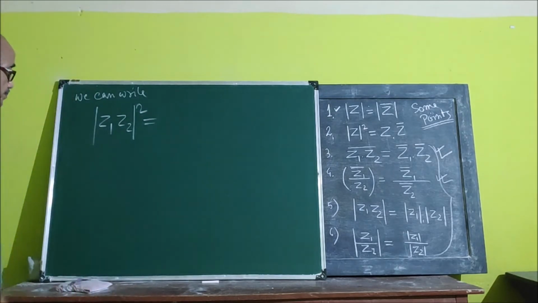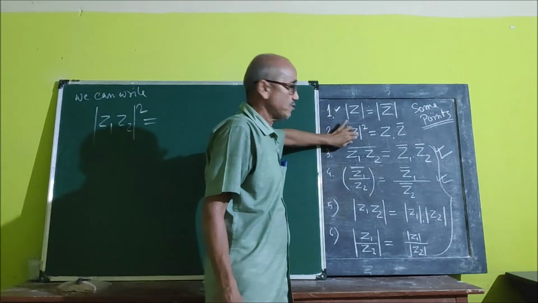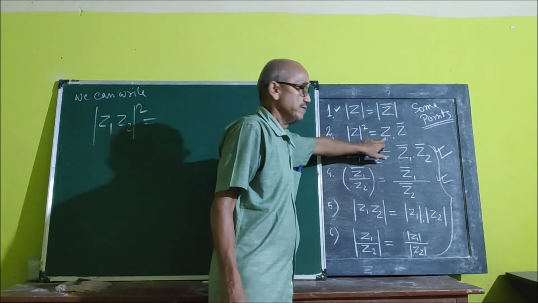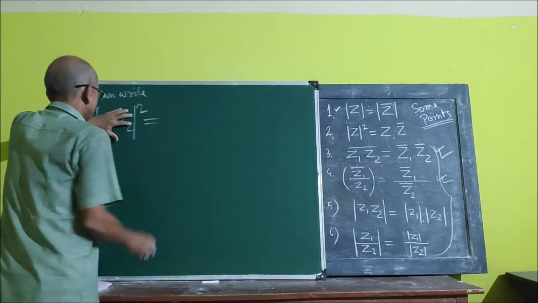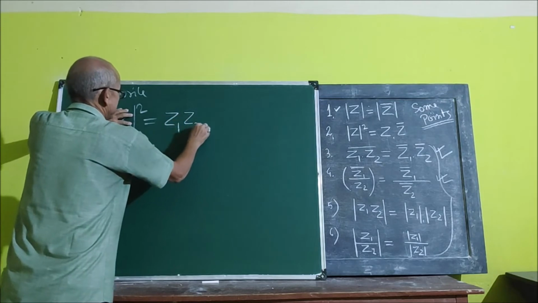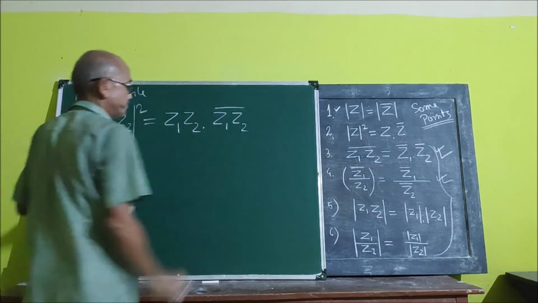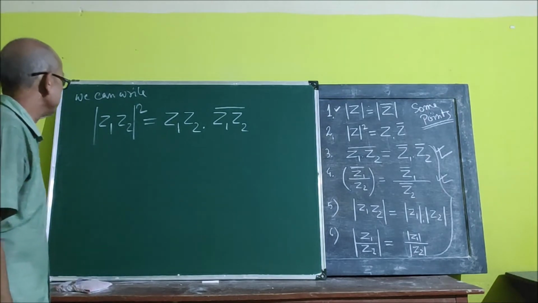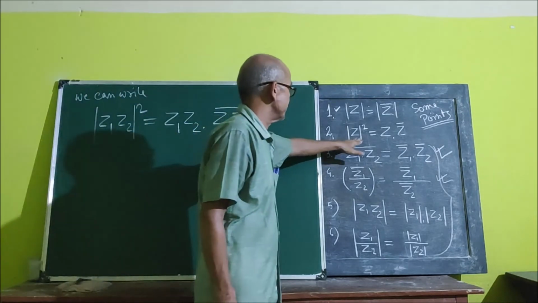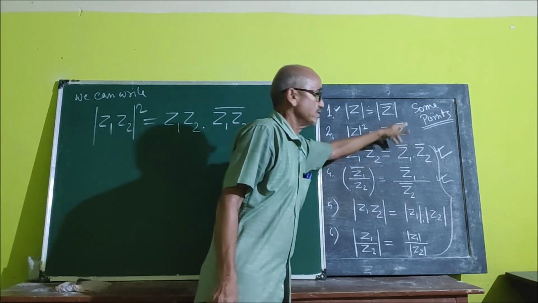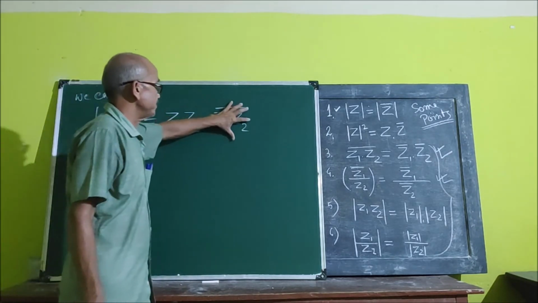For a single complex number, the modulus square equals Z times the conjugate of Z. So we write it for Z1 Z2 and again Z1 Z2 conjugate.